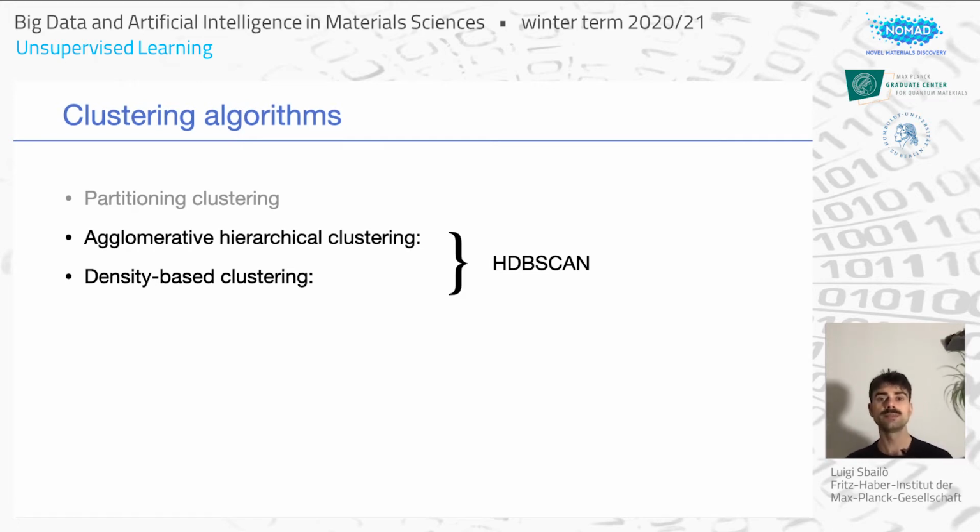That is HDBSCAN. This is quite a recent algorithm, and H stands for hierarchical. It somehow is a hierarchical extension of the density-based DBSCAN. But it's not only about that.